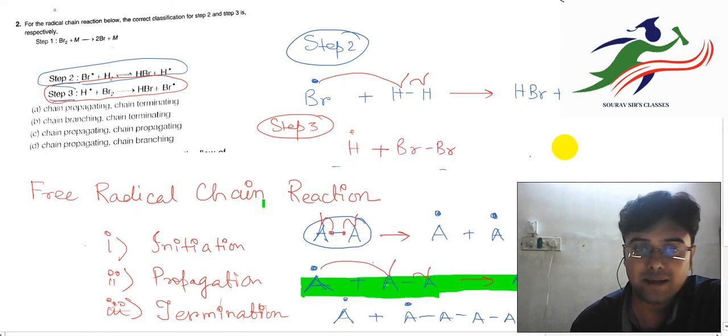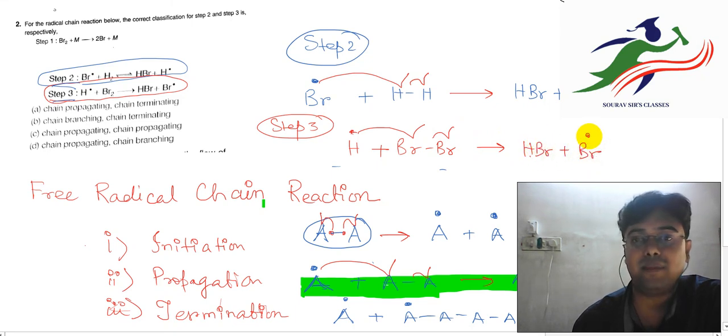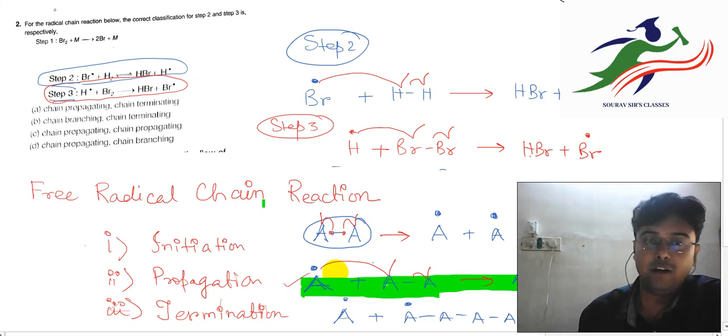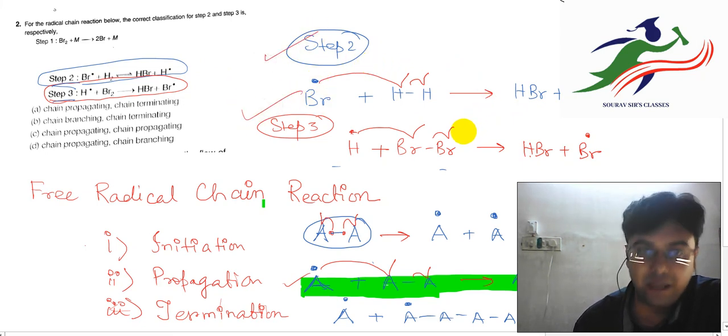Okay, so now this is what we are getting over here. So once again, it is a propagation step. So both step 2 and step 3 represent a chain propagation.